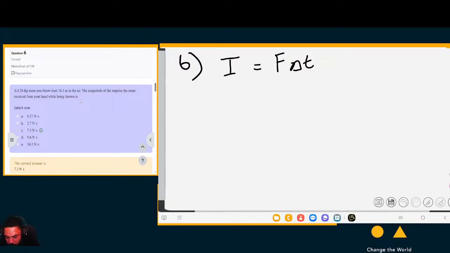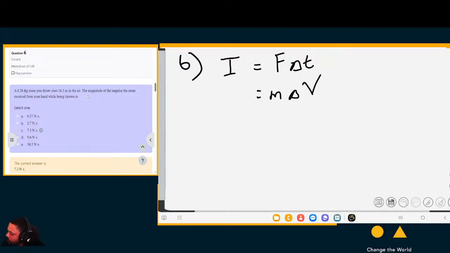But there is another formula for impulse. Impulse is also equal to the mass times the change in the velocity. Okay? Mass times change in velocity, that is also impulse.